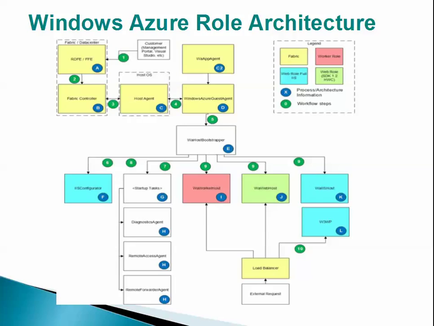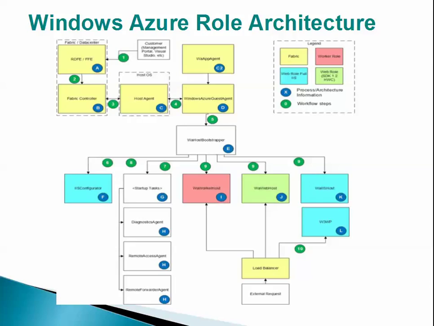So basically, if you check this diagram, the first one is the RDFE/FFE, the Fabric Front End. End users interact with Windows Azure using this Fabric endpoint.